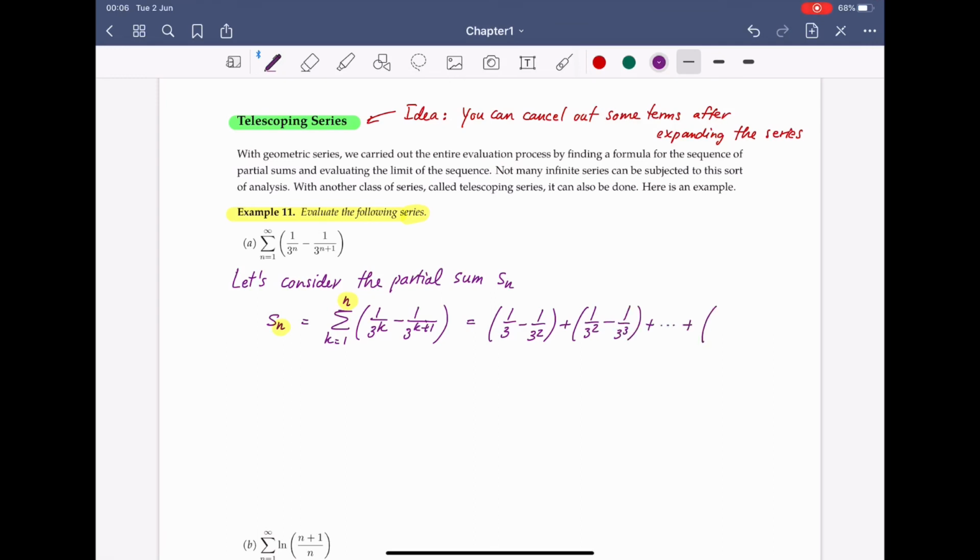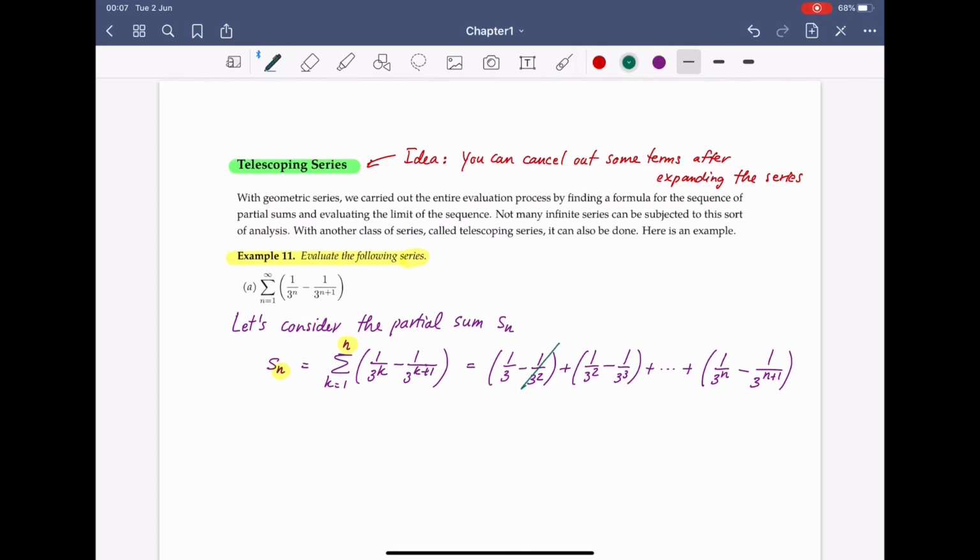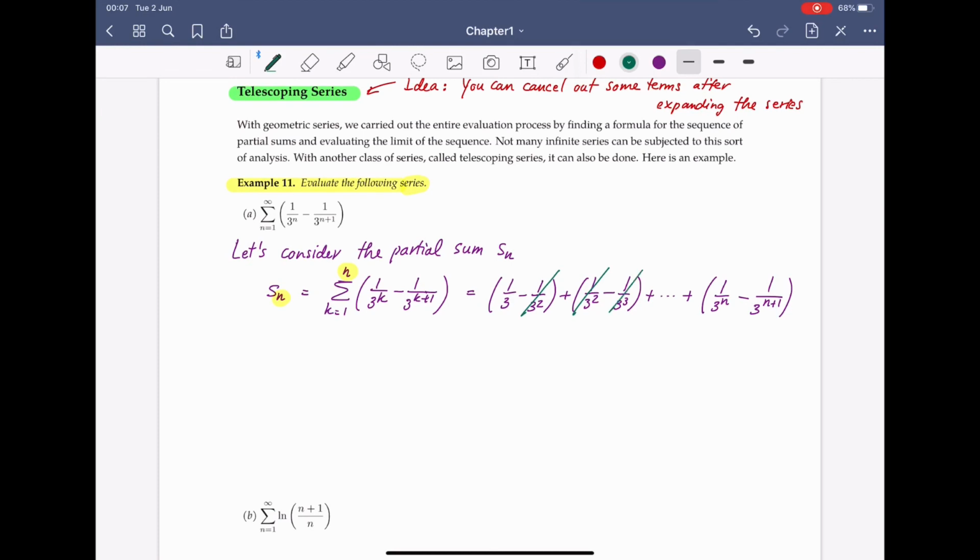And at the end, I'm going to have 1 over 3 to the n minus 1 over 3 to the n plus 1. So after you expand n terms, you can see that things cancel out. 1 over 3 cubed is going to cancel with something inside the dots here, and then 1 over 3 to the n is going to cancel with something inside the dots here. So at the end you have 1/3 minus 1 over 3 to the n plus 1. So this is the partial sum Sn.